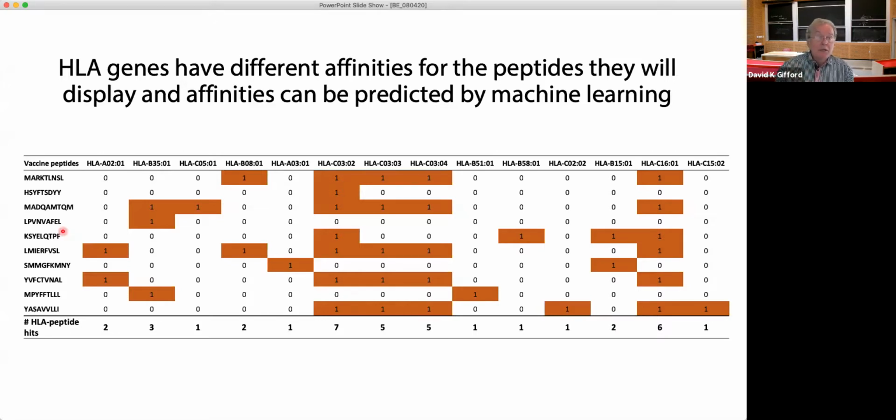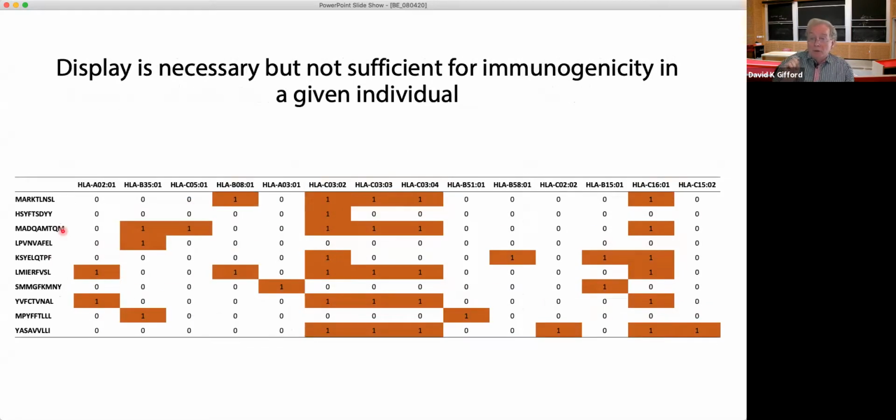It's important to recognize, however, that just because a peptide is displayed does not mean it's necessarily going to be immunogenic. And thus, we need to consider the fact that we may need to display multiple peptides by an HLA molecule for our cellular immune response to be able to recognize it, given the particular distribution of T cell receptors that we have.